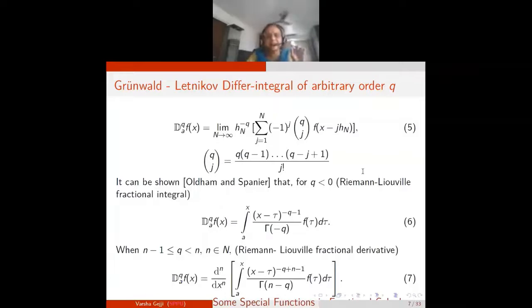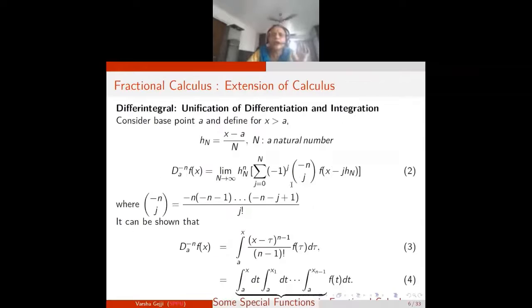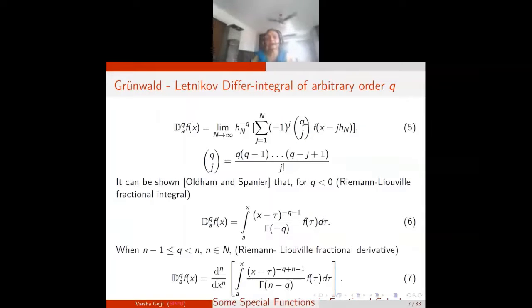It could be positive or negative, and now you define q choose j as q times (q minus 1) up to (q minus j plus 1) upon j factorial, and simply replace this. First it was n, then minus n. n was the nth order derivative, minus n gave you the n-fold integral. Now you just replace it and keep it as q with this definition.